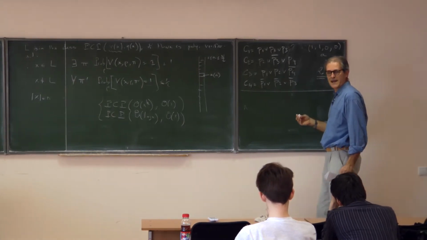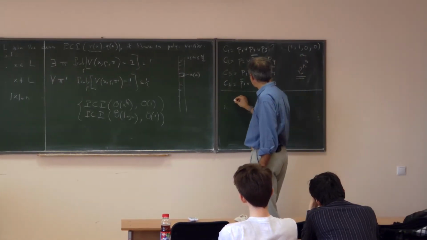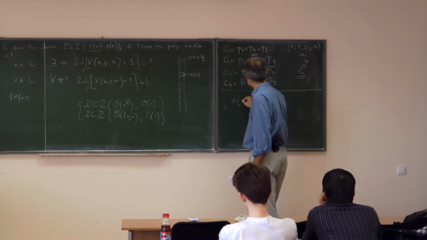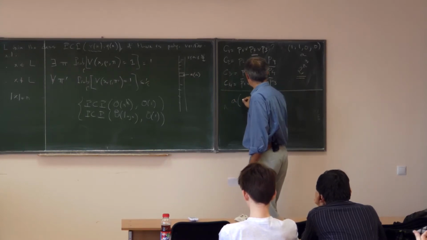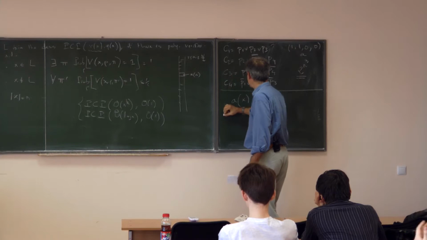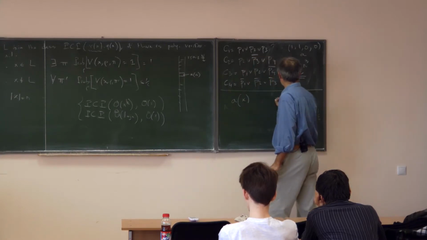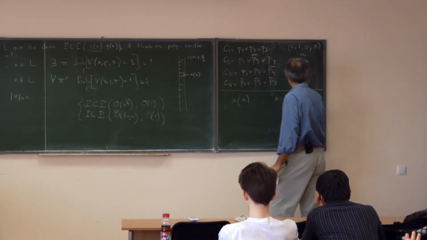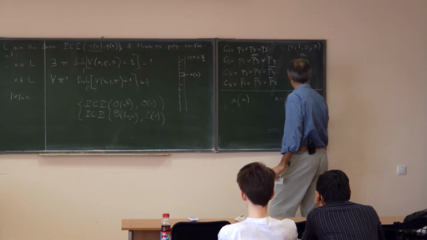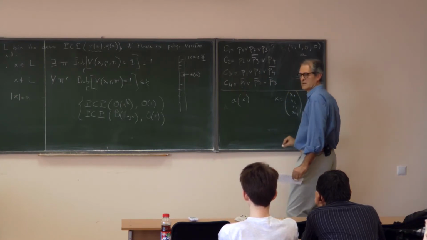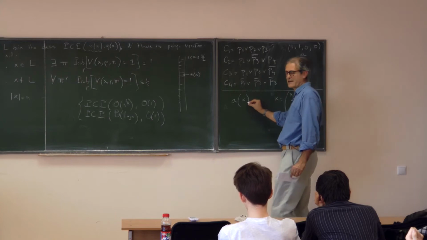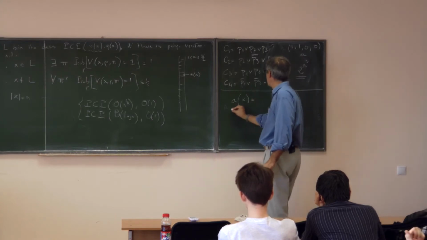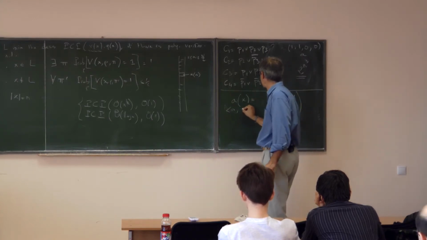Okay, and imagine you study a linear function, which I would call A sub x, where you view x as x1, x2, x3, x4. Okay, and A of x is what you would call also AX.